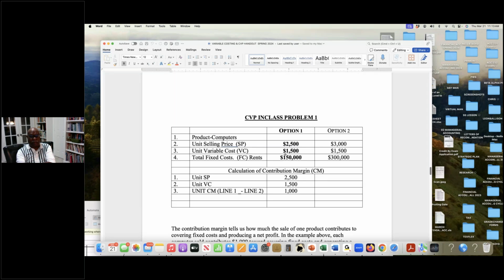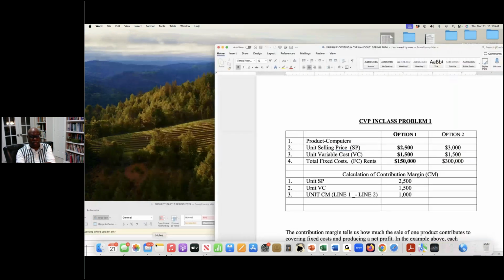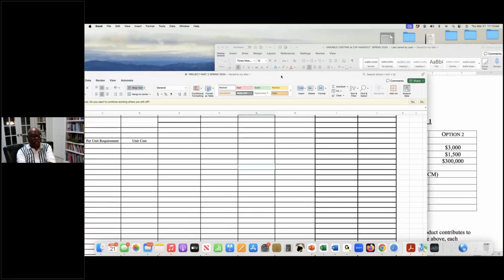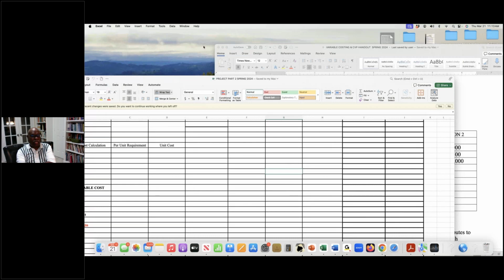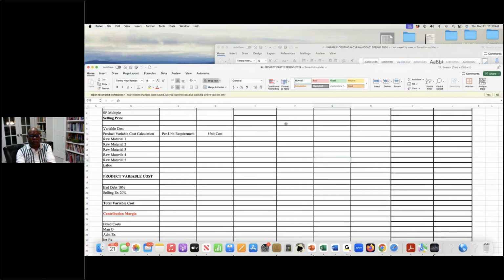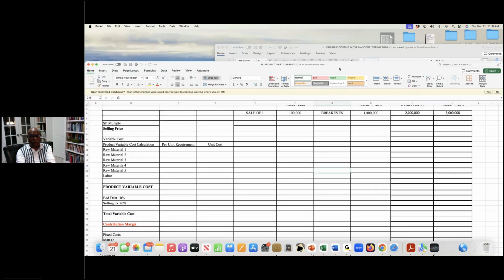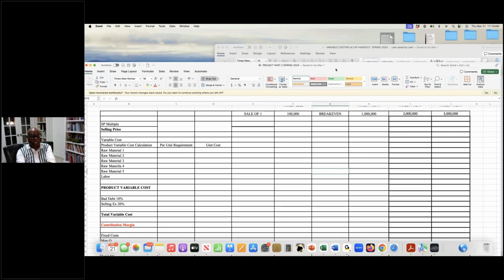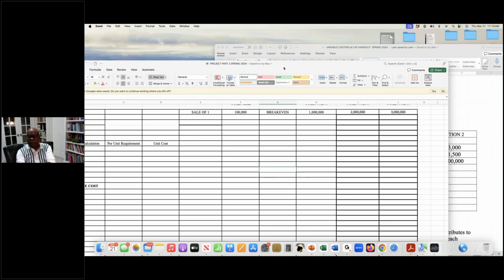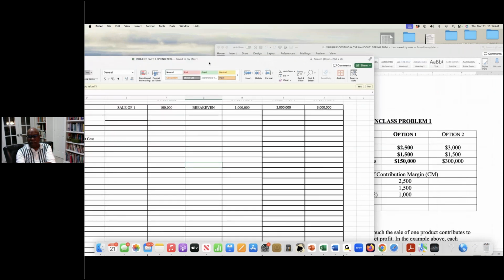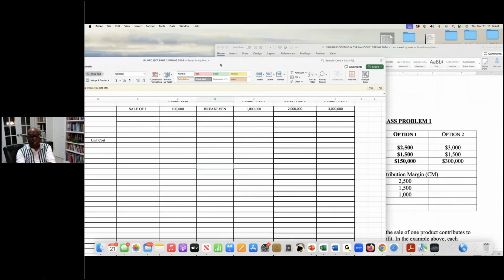Are there any questions about that? No. So let's just see if we can get our Excel spreadsheet up. So we got the Excel spreadsheet up, and this is 2,500, 1,500, and 150,000.